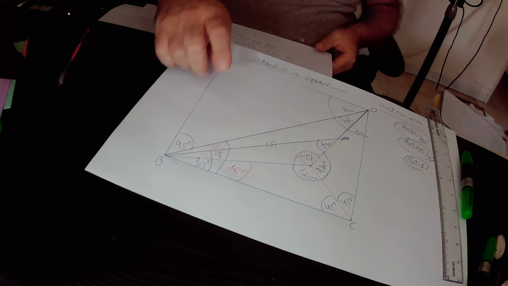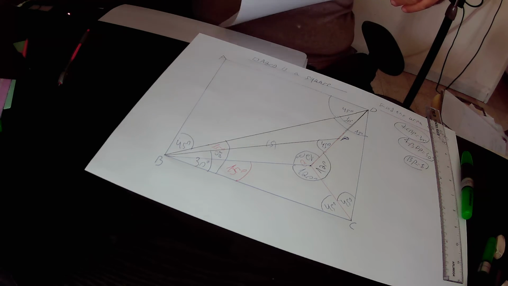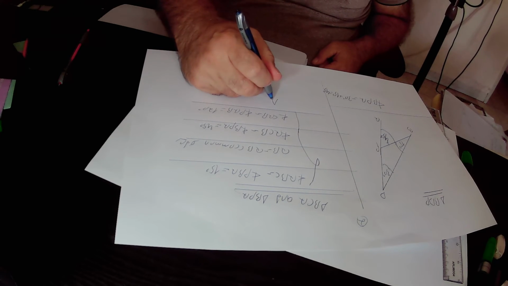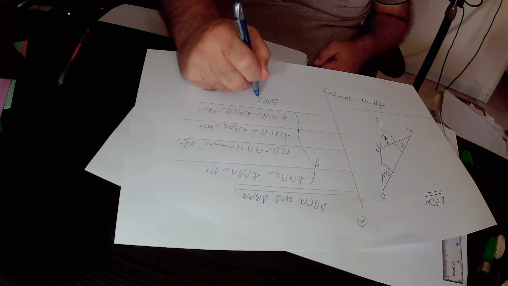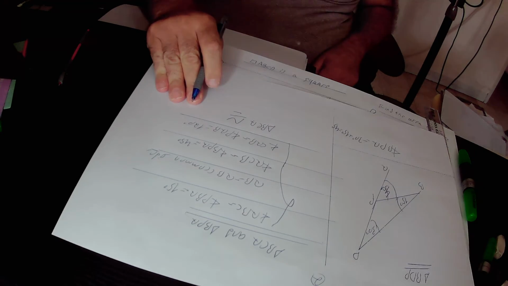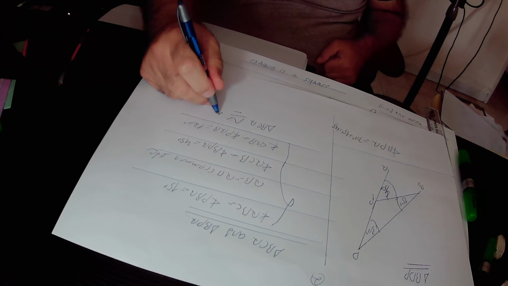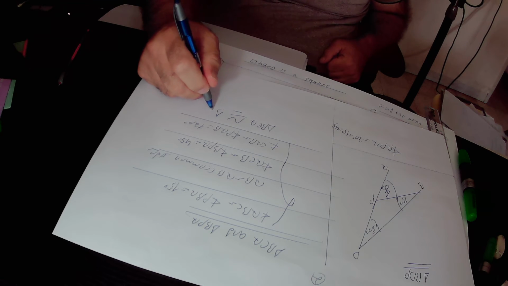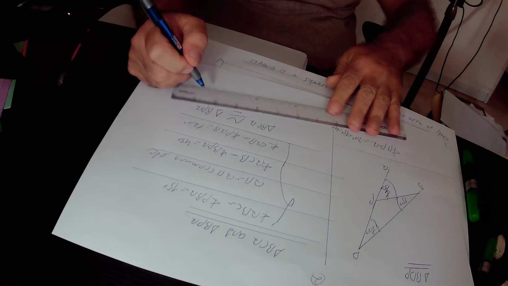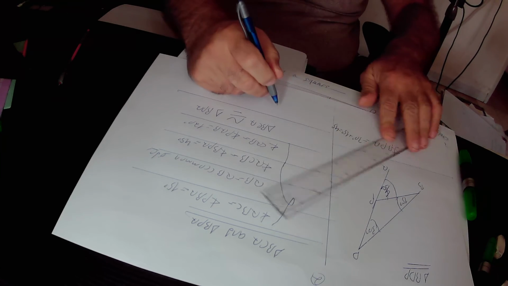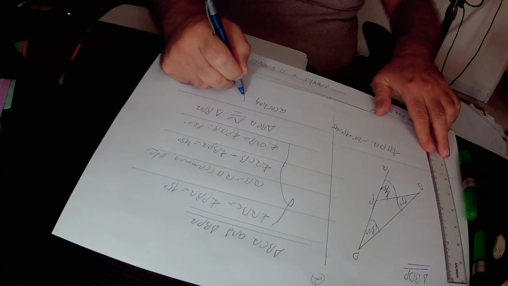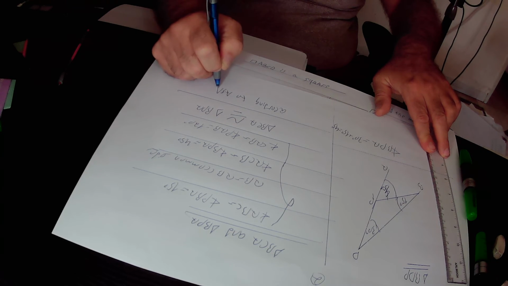So now we should find out that triangle BCQ can be written as congruent to triangle BPQ according to the angle, side, angle rule.